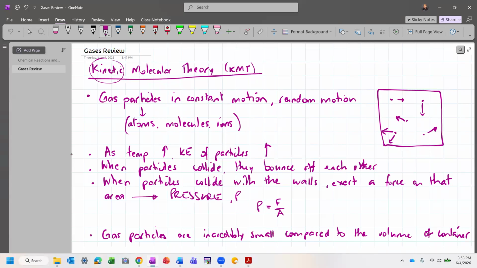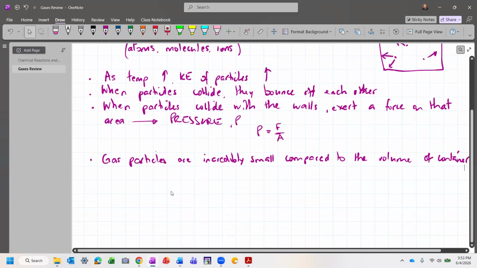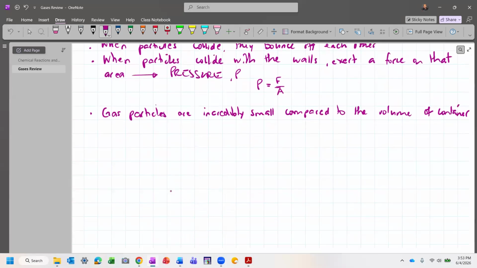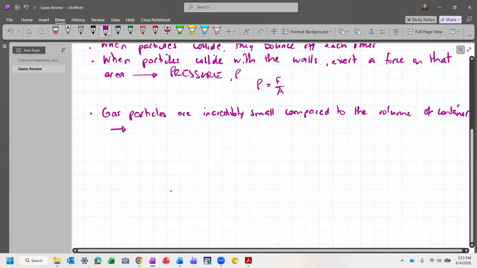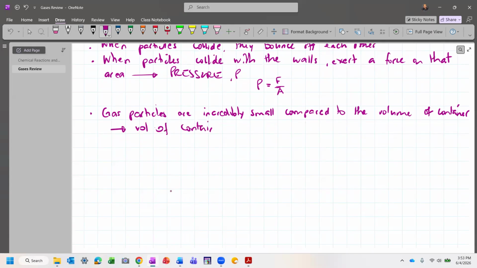So the volume of the gas particles is negligible compared to the volume of the container. In other words, because the gas particles are moving around constantly, the gas particles will actually expand to fill the volume of the container. So the volume of the container is equal to the volume of the gas. We can make that assumption based on everything we talked about previously. So the volume of the particles themselves is negligible, meaning close to zero, compared to the volume of the container.